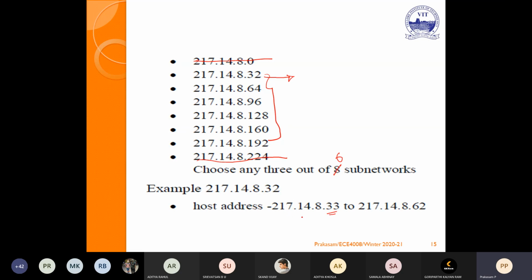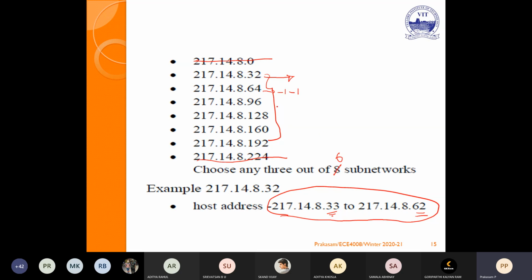So the host address is from 33 to the next ID minus 1 for broadcast, minus 1 for the last host, so 62. So the host addresses for the first subnet are 217.14.8.33 to 217.14.8.62.